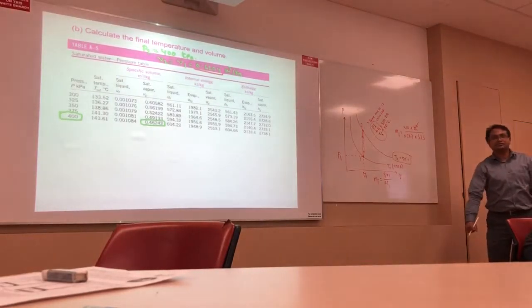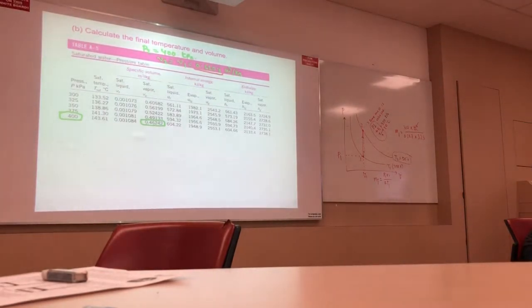V2 is higher, right? So V2 is higher than Vg at 400 kilopascal. So what is the nature of the state? Superheated vapor. Very good. This is superheated vapor.